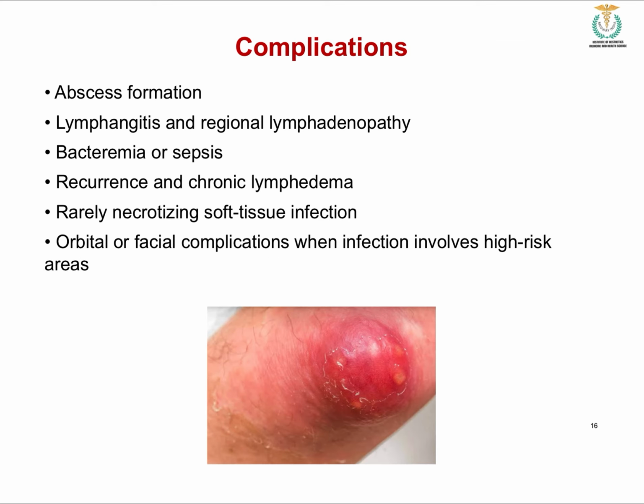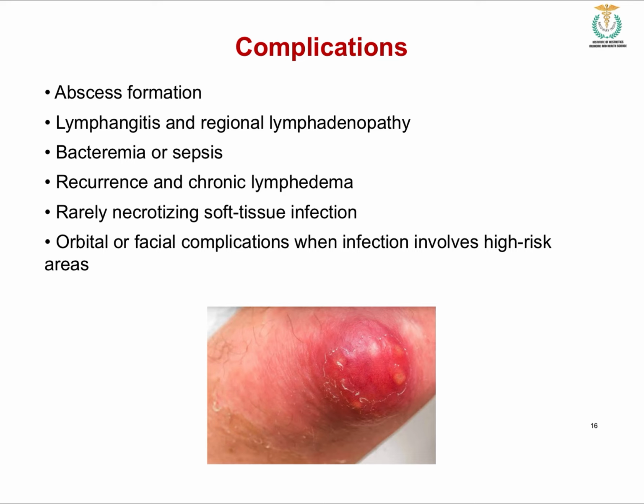Most uncomplicated cases respond well to appropriate treatment, but complications can occur. An abscess may develop, or the infection may spread through the lymphatic system, causing lymphangitis or a regional lymphadenopathy. In more severe cases, bacteria can enter the bloodstream and cause bacteremia or sepsis. Repeated episodes can contribute to chronic lymphatic damage and worsen the lymphedema.